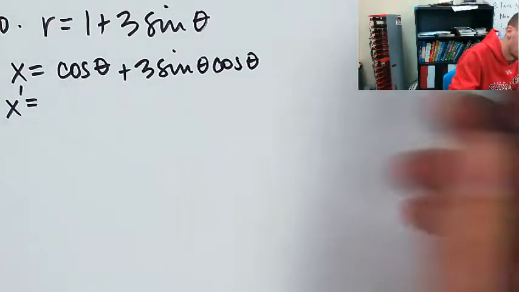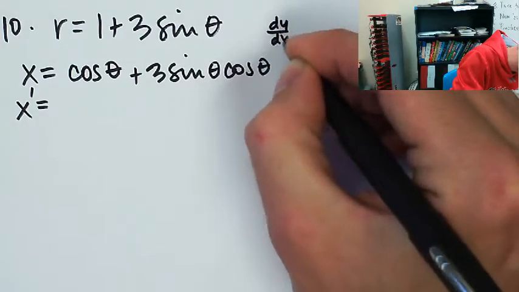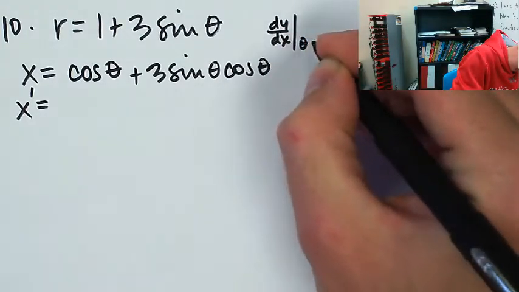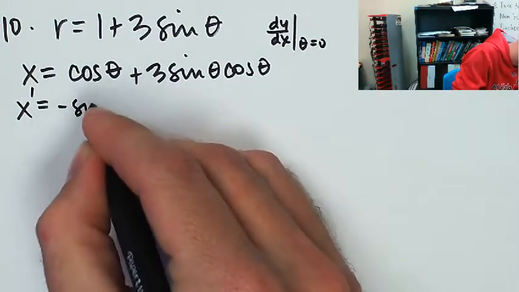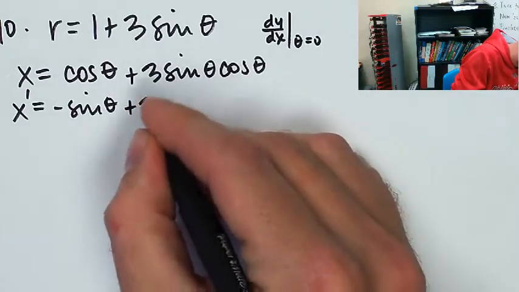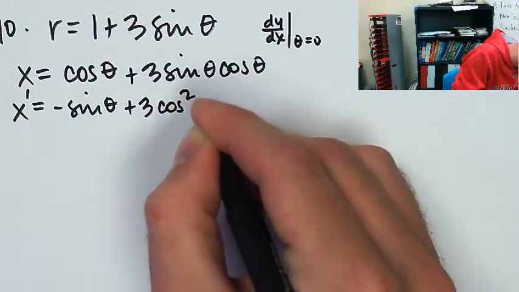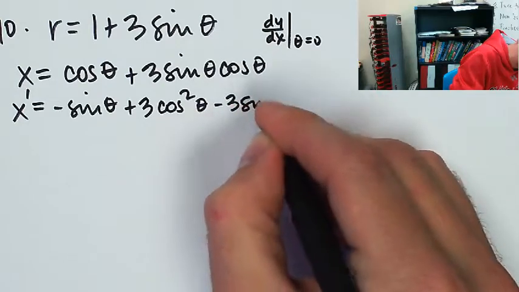And I'm interested in dy dx at theta equals 0, so I might throw that in here too. Okay, that's what we're looking to find. X prime is negative sine theta plus 3 cosine squared theta, using the product rule, minus 3 sine squared theta.